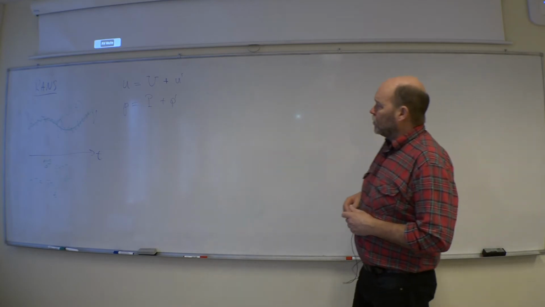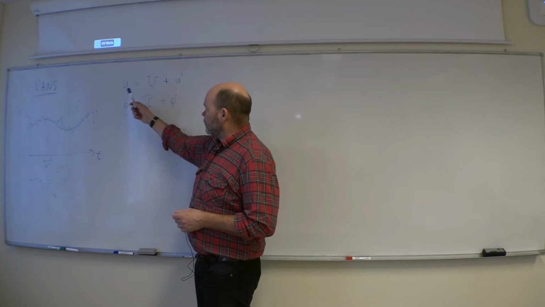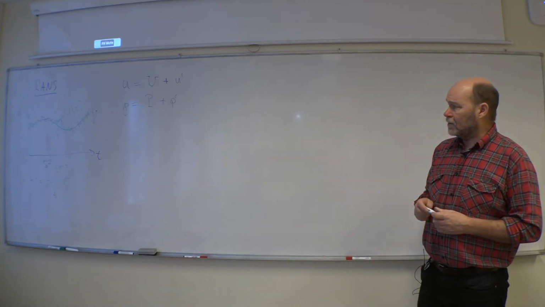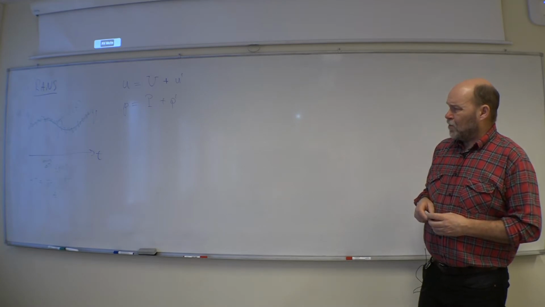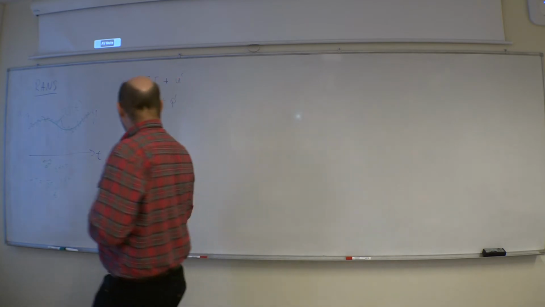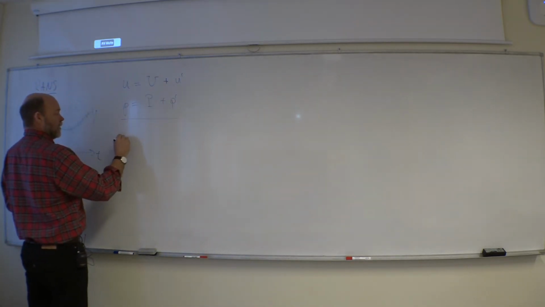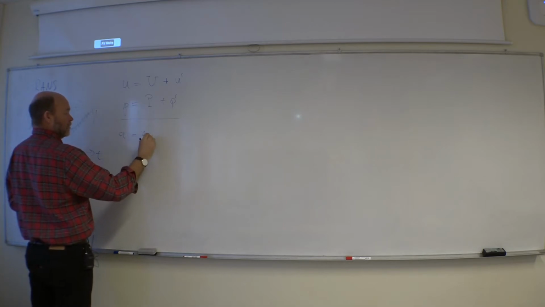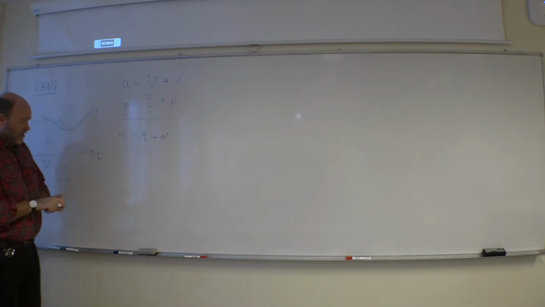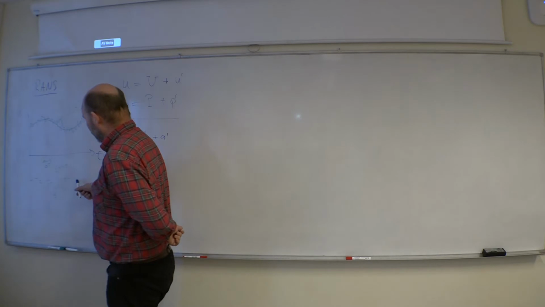Now we are going to split up our equations using this mean and fluctuating concept. We need some rules of calculation here. If I have any quantity A, being a mean part plus a fluctuating part, you create what's called a time average.